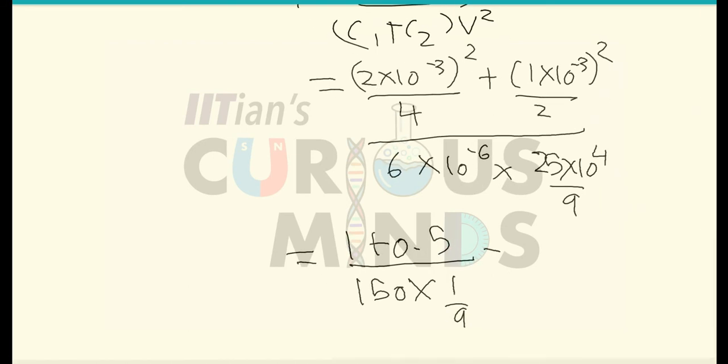So 1.5 into 1 by 9, and when I calculate the value, the ratio will be equal to 9:1. The initial by final ratio will be 9:1, or basically the final by initial will be 1:9.